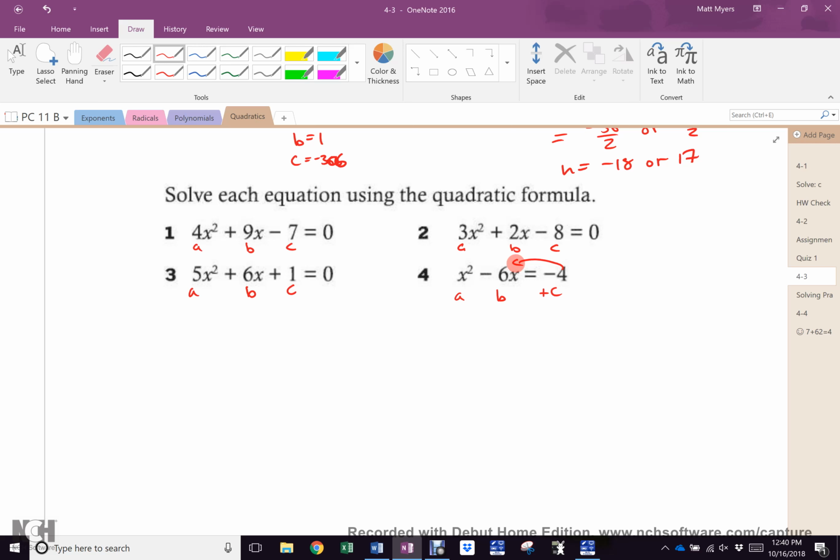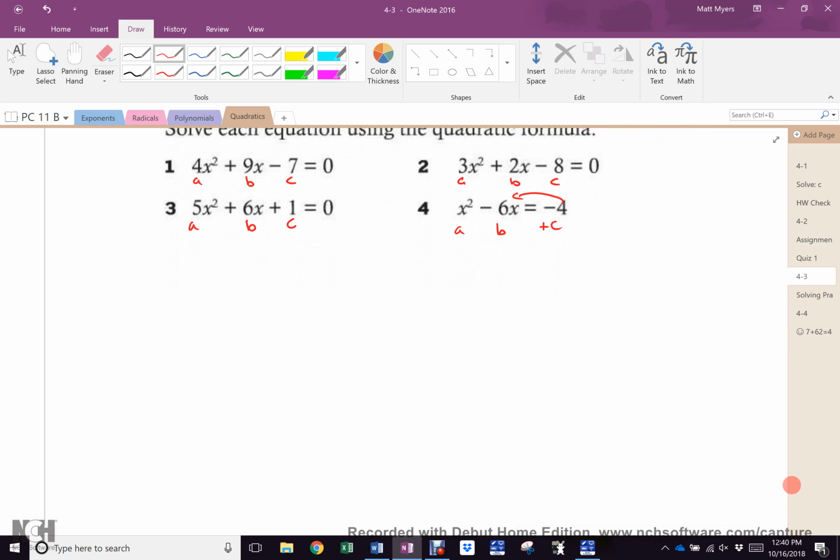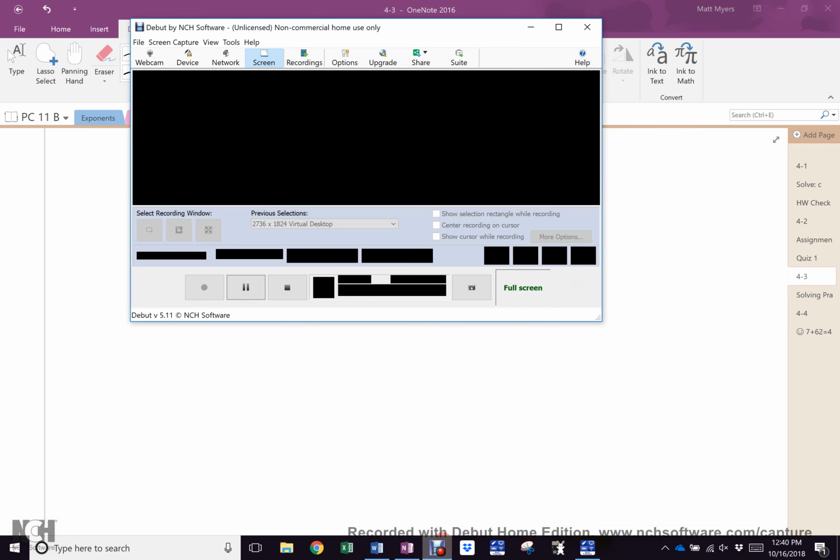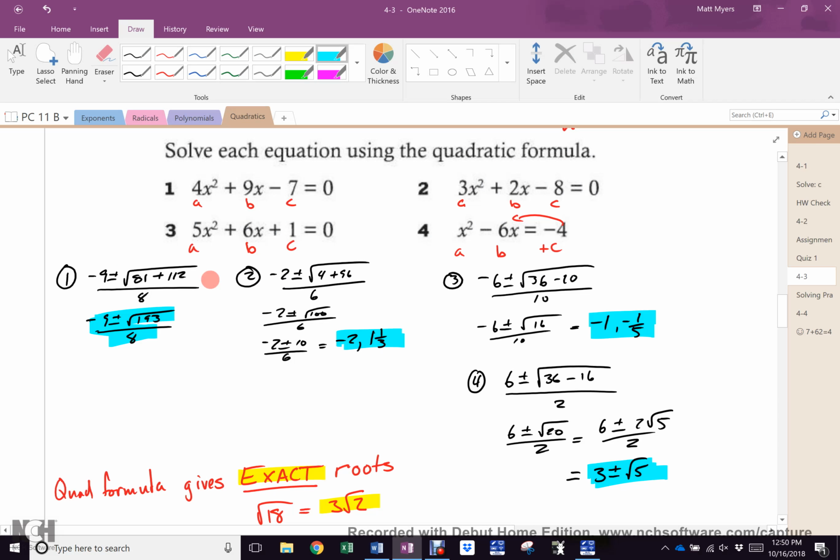And when you've done that, I will remind you of a couple of things. I'm going to pause this while you work. If you can simplify it pretty, you simplify it pretty. Everybody understand? If you can make it pretty, make it pretty. If you have to leave it yucky, leave it yucky.